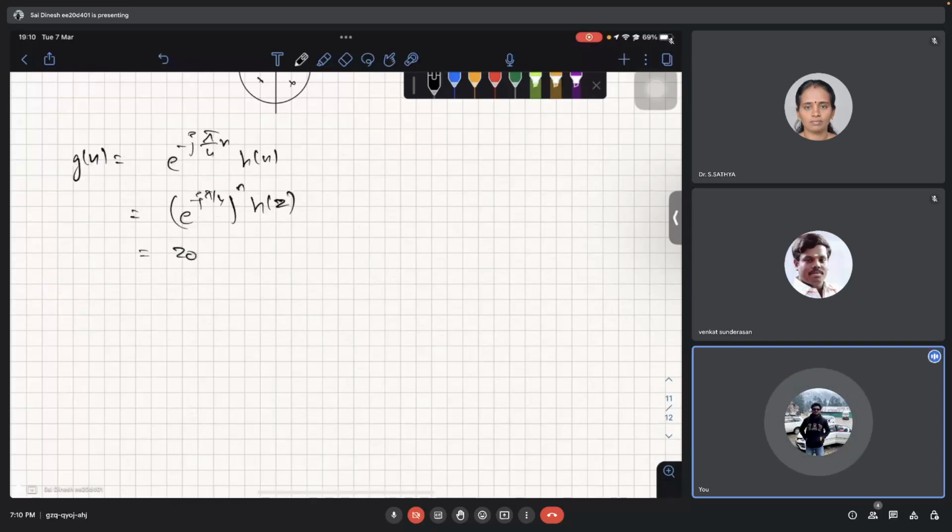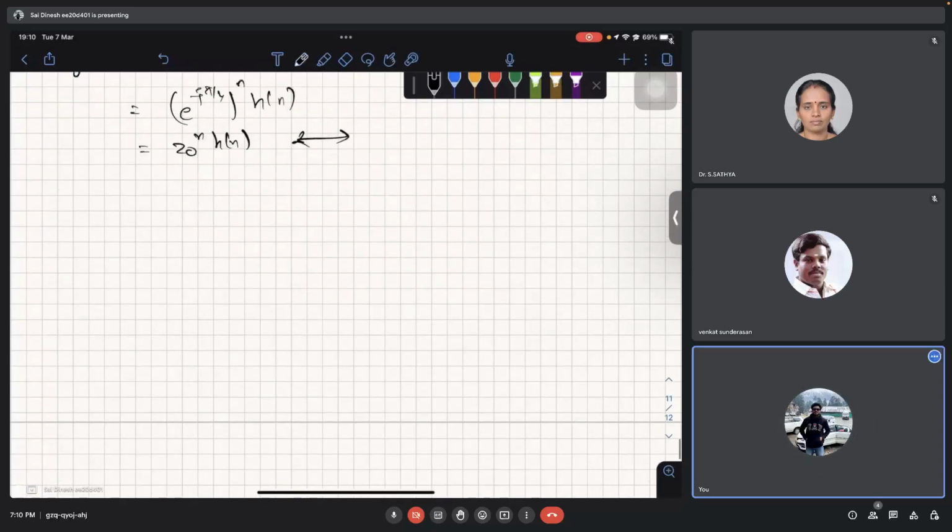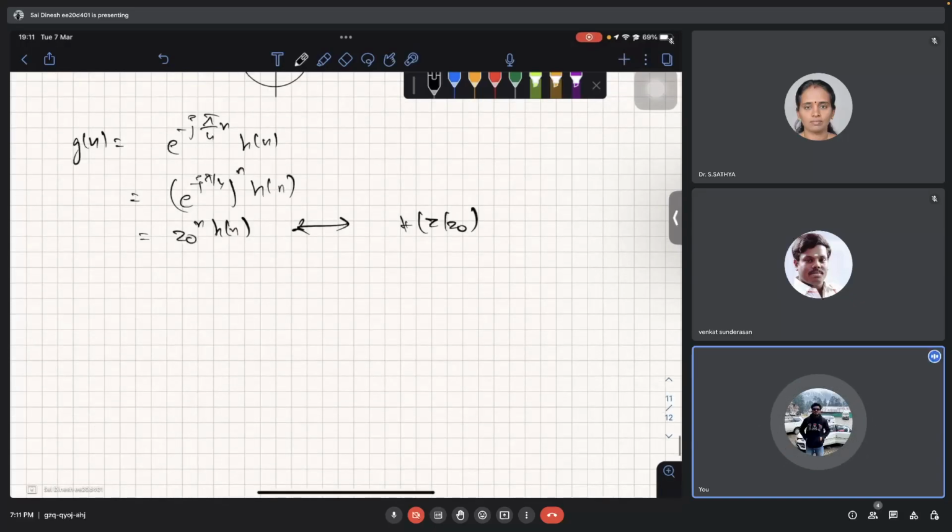So of the form z naught power n into h of n. If we take the z transform, it will be h of z by z naught, basically, right? Here this z naught is e power minus j pi by 4.